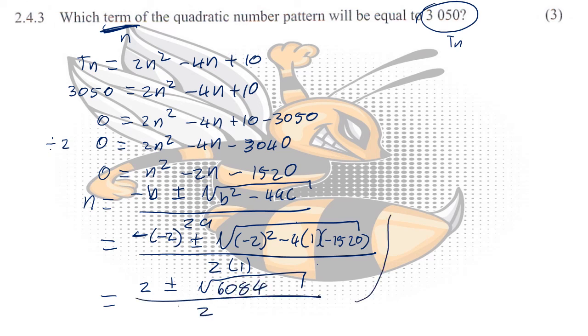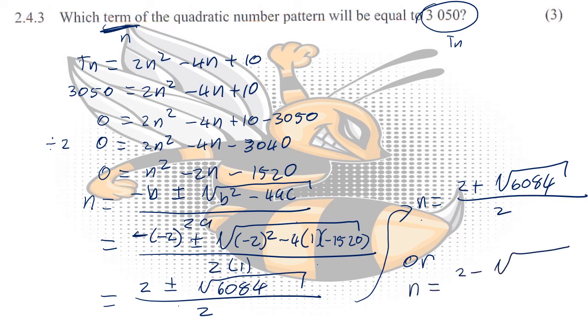From there we can split it up into our two sections. So n is equal to 2 plus the square root of 6084 over 2, or n is equal to 2 minus the square root of 6084 divided by 2.